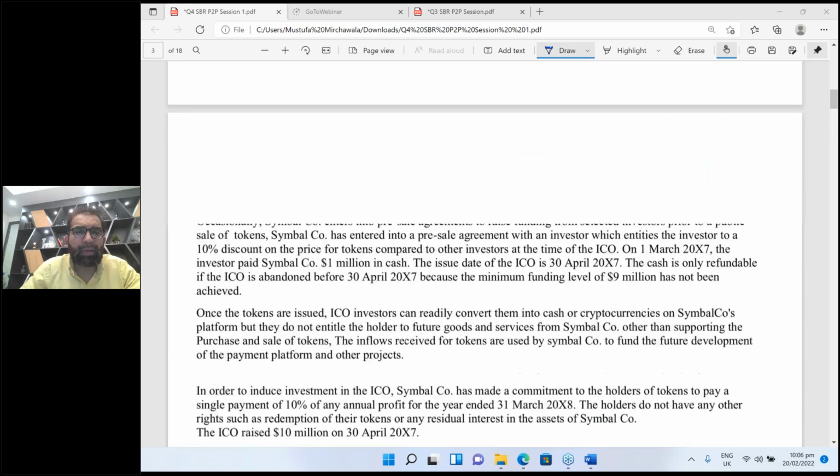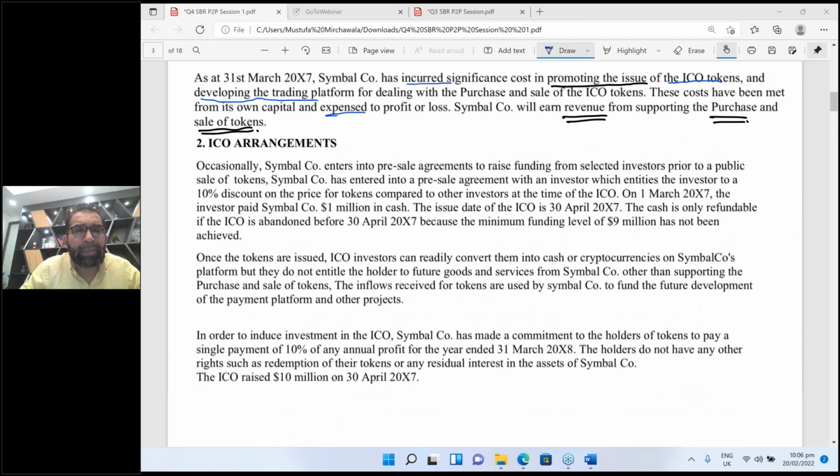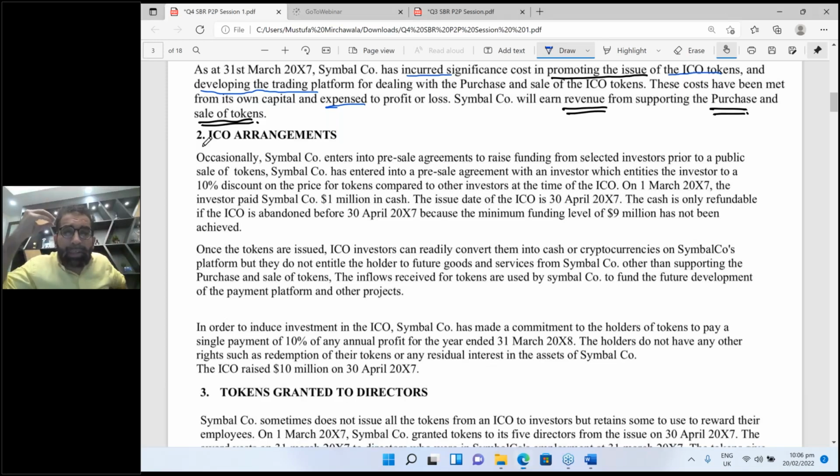Okay, now this is about ICO arrangements. First of all, keep one thing in your mind. There are two accounting periods.